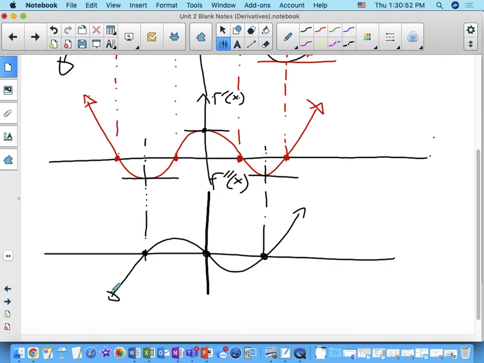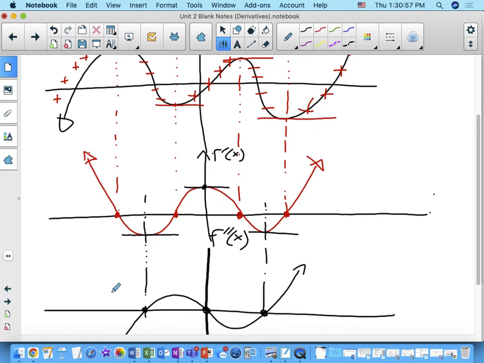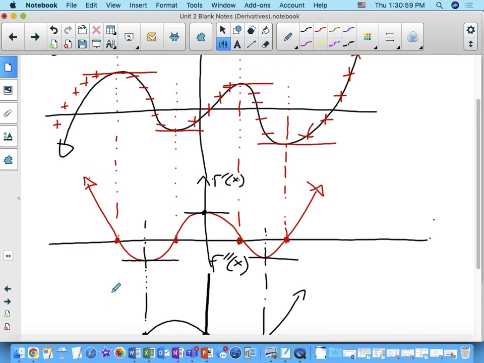So where the zeros are should relate to the concavity of the graph. Not bad. Yeah, so what I mean by concavity is like a parabola, for example. This is concave down. This is concave up.